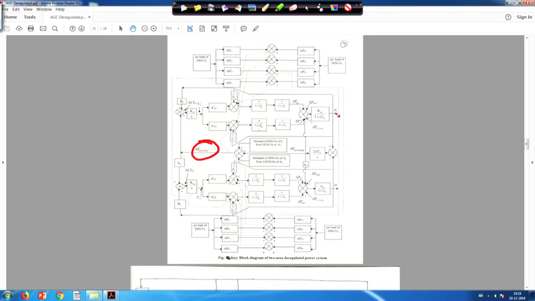And this is your frequency: area 1 frequency deviation is delta f1 and area 2 frequency deviation is delta f2. So, this delta f1 is coming here through B1.